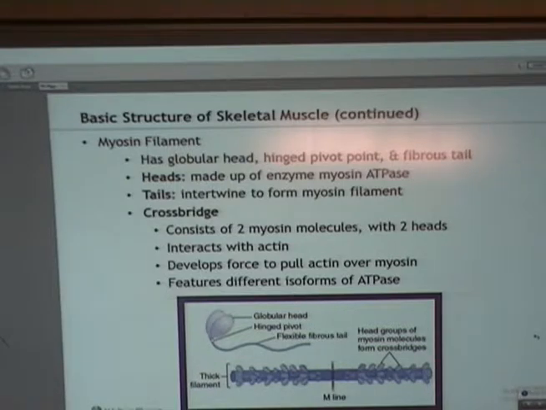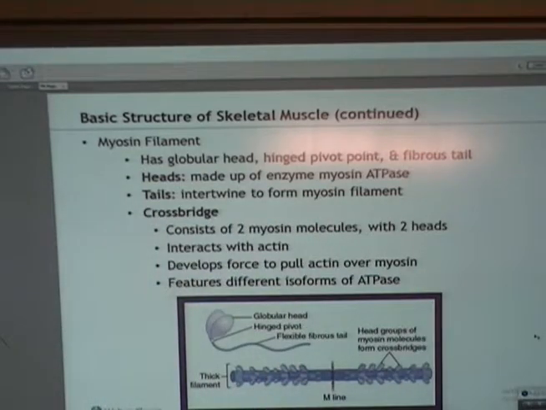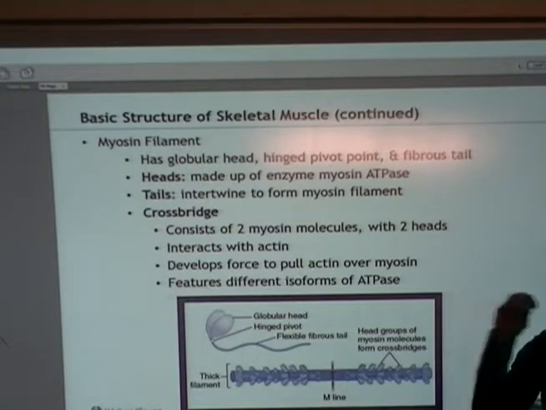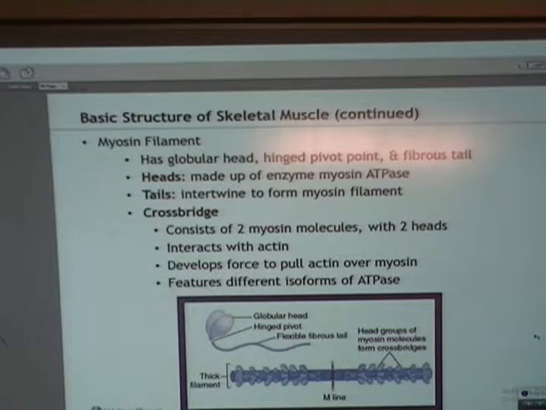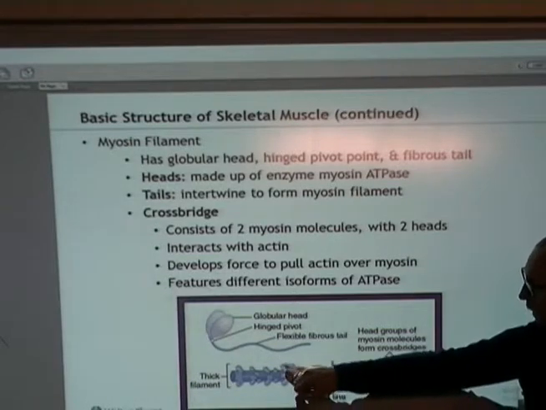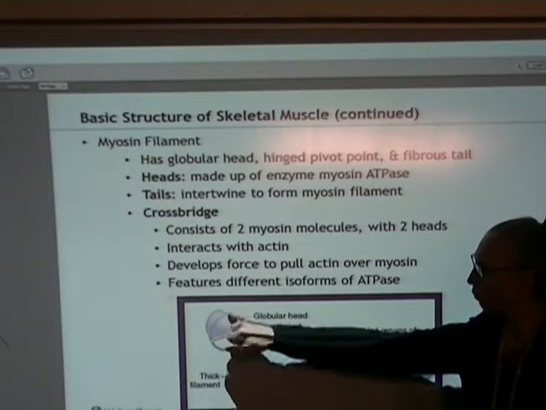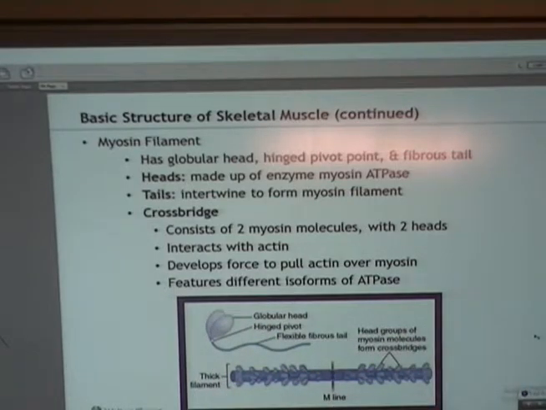The myosin filament, often called the thick filament, right, has several pieces of protein that are grouped together. And each piece of myosin has a globular head, it's actually a double head on it.